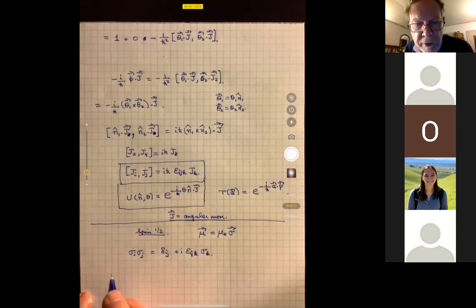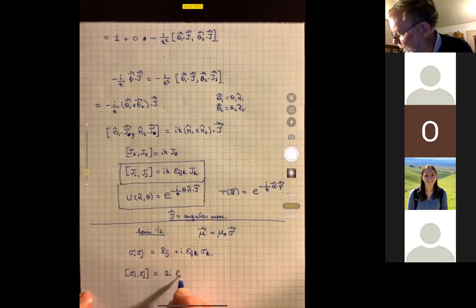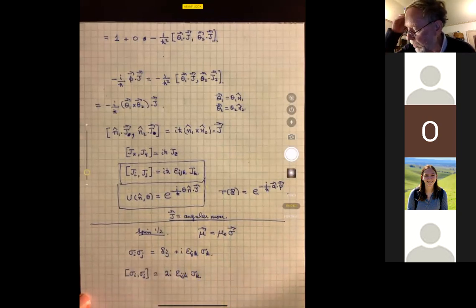I hope you know this well because it was the very first homework problem. It follows from this basic algebra that the commutator of two Pauli matrices, [sigma_i, sigma_j], is 2i epsilon_ijk sigma_k. Taking the commutator antisymmetrizes, kills off the Kronecker delta, and doubles the right-hand side. So anyway, these are the commutators of the Pauli matrices.